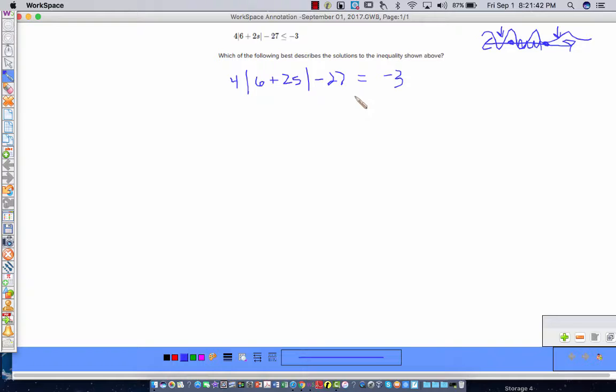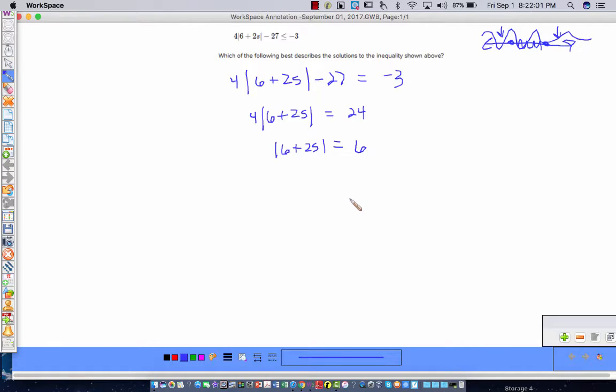So I'm going to add 27 to both sides, and I get 4 times the absolute value of 6 plus 2s is equal to 24. Then I divide both sides by 4, and I get the absolute value of 6 plus 2s is equal to 6.